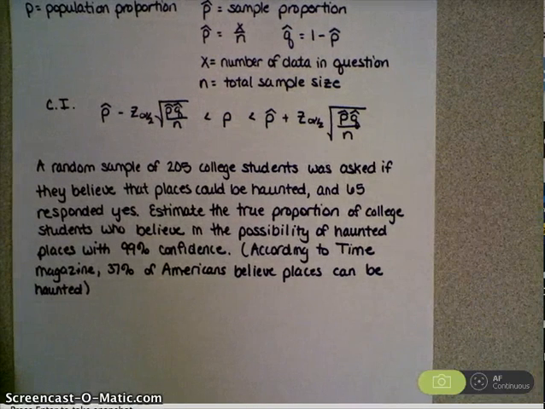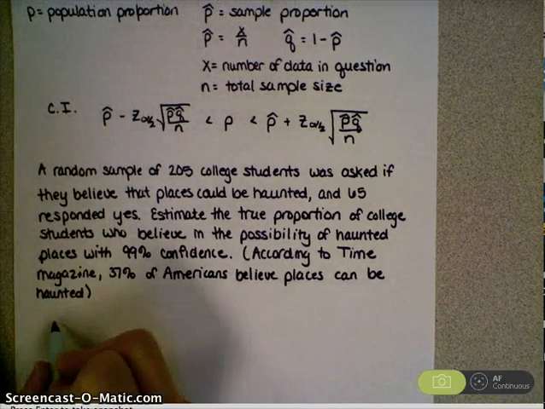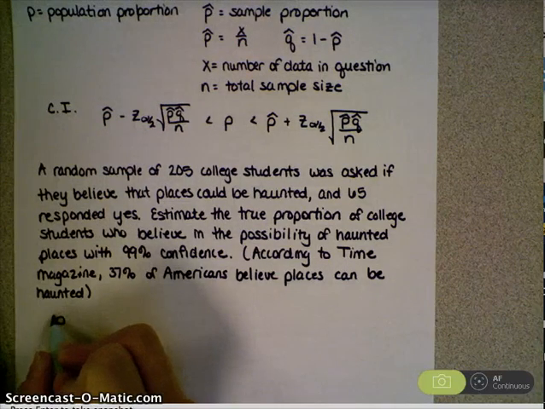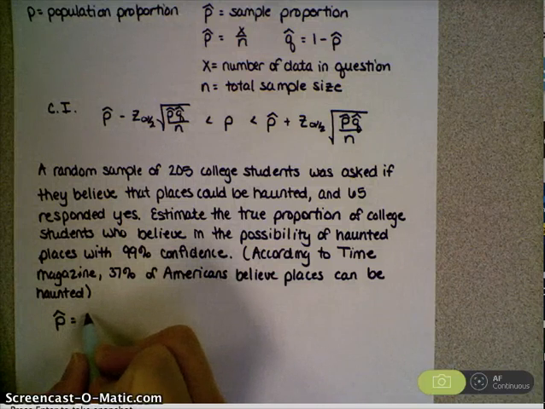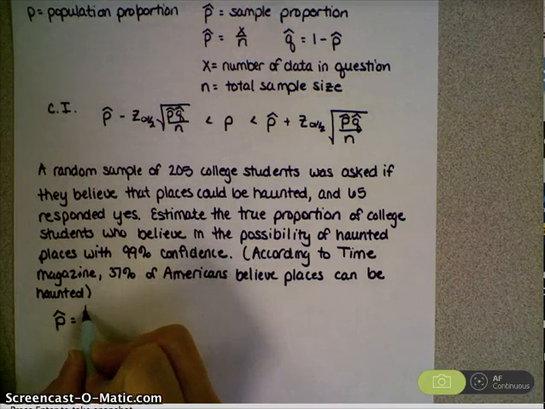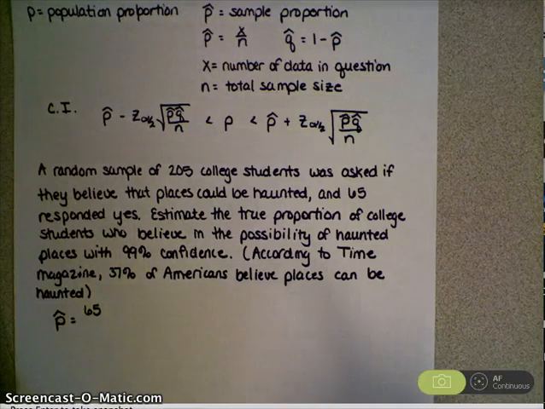We first need to figure out what our sample proportion is. So p hat in this case is x divided by n. Now x is the 65, the number of data in question, the 65 that responded yes.